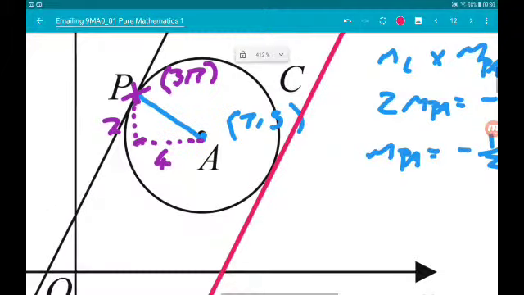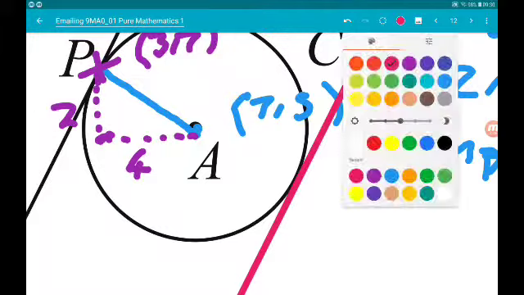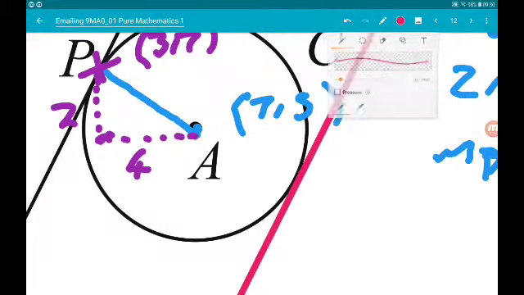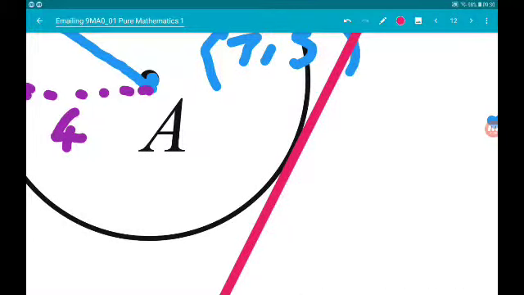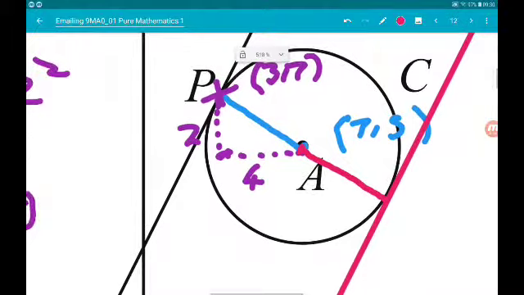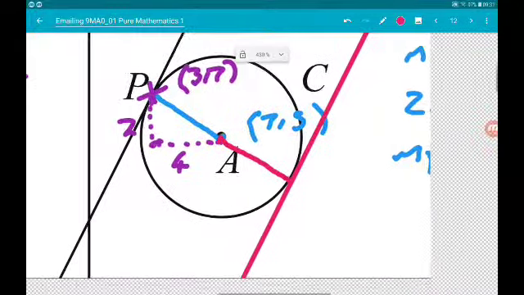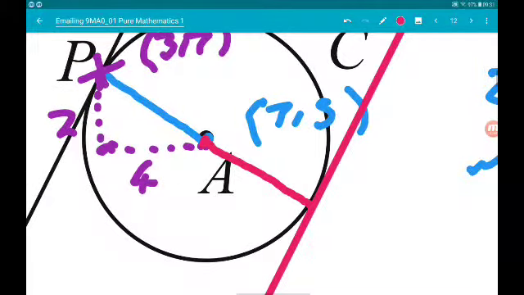So circles are incredibly symmetrical. So this next point of intersection is just going to be a diameter away from point P. So how do we get from P to A?